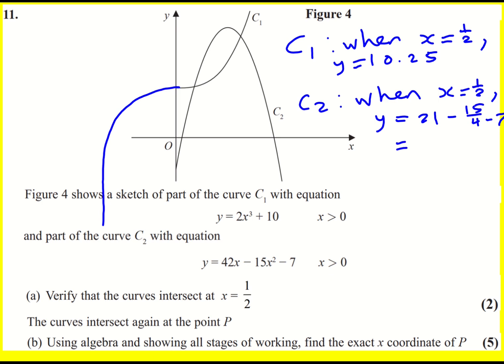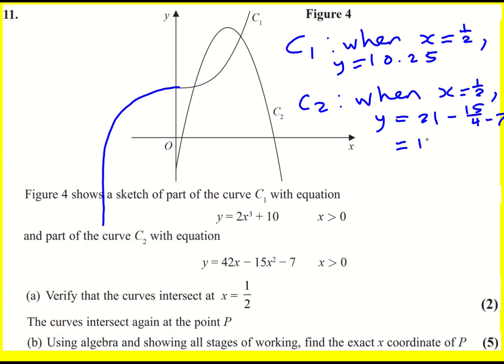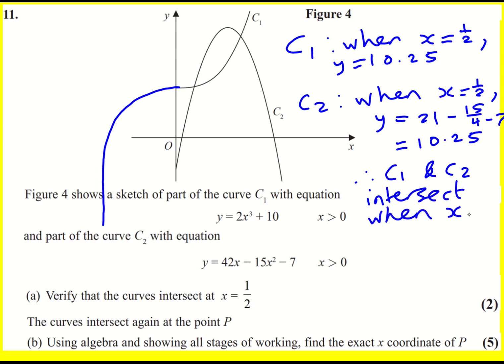And we're expecting that to also be 10.25. Which it is, great. So therefore, C1 and C2 intersect at x equals a half.